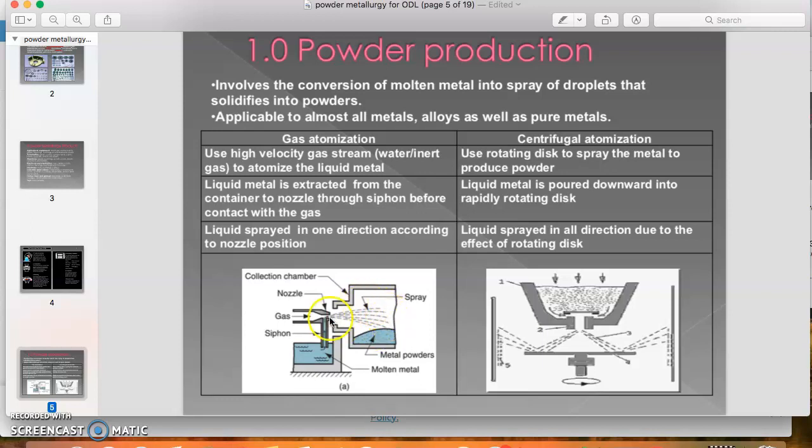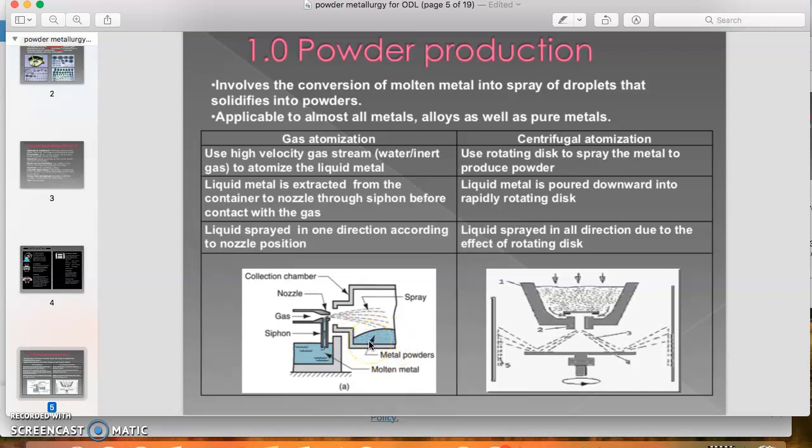When we spray and release to the atmosphere, the molten metal is exposed to the atmosphere and rapidly changes its phase to become solid, and then goes down to the bottom of the tank.